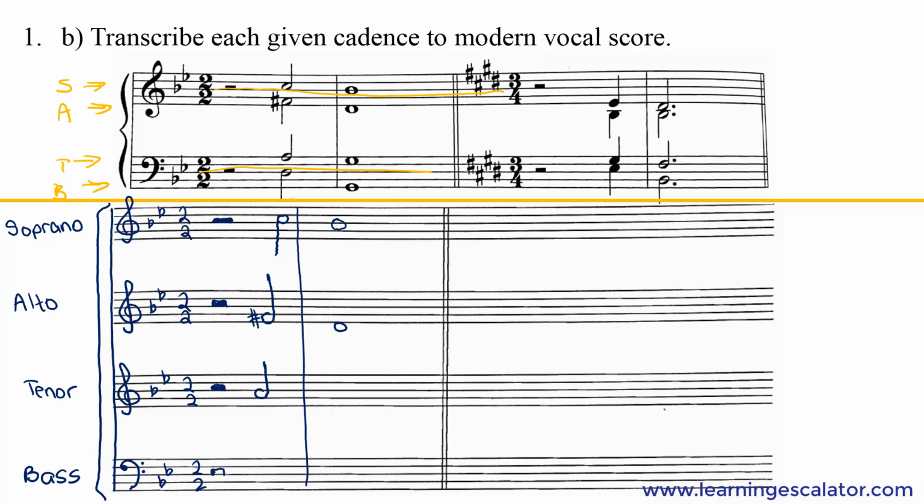In the bass clef, it's a D. So in the second bar of tenor, it's a G, but it's 1 octave higher, so this G, and in bass it's the low G. So this is how you write it in modern vocal score.